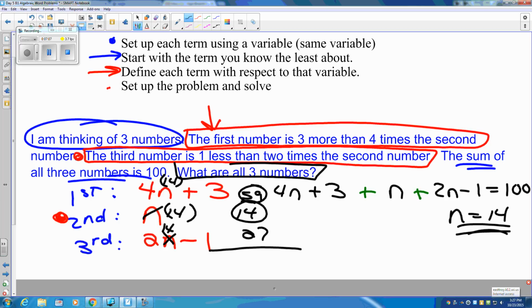Now, we can check this. Is my first number 3 more than 4 times the second? Well, yeah, that's how I got it. Is my third number 1 less than twice that second? Yeah, 28 minus 1, that works. And I can also check by adding them all up. If I add those up, yeah, they add up to 100.